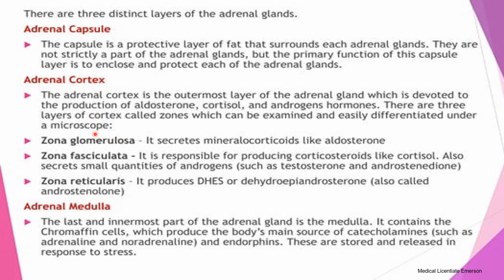The first zone we call the zona glomerulosa. The zona glomerulosa secretes mineralocorticoids such as aldosterone. Then you have the zona fasciculata, which is responsible for producing corticosteroids like cortisol. It also secretes small quantities of androgens such as testosterone and androstenedione.